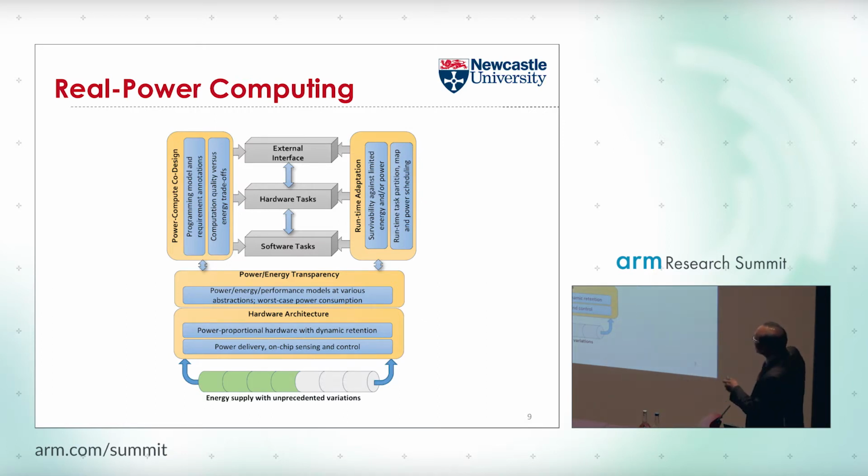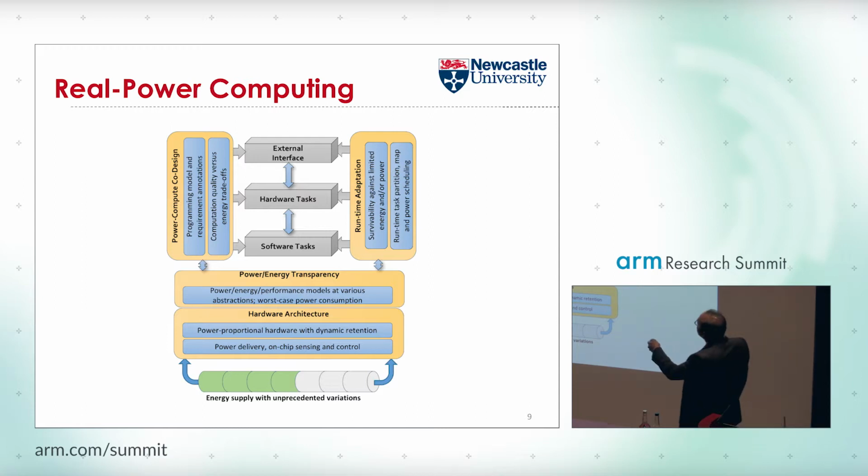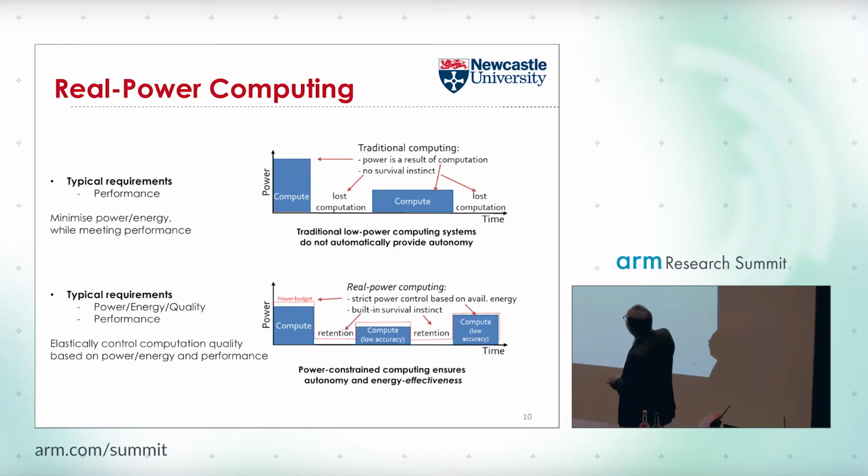And with that, you'll be running a set of communication tasks or I/O tasks, hardware tasks, and software tasks, because you're based on the principle of real power computing, right? So basically, the existing technologies already have this, but what we're proposing is a set of new research domains, really, where you can make sure that the system is autonomous by its own characteristics.